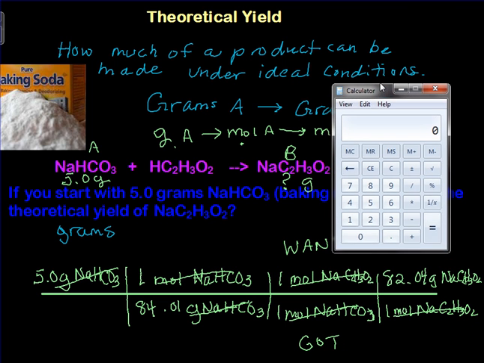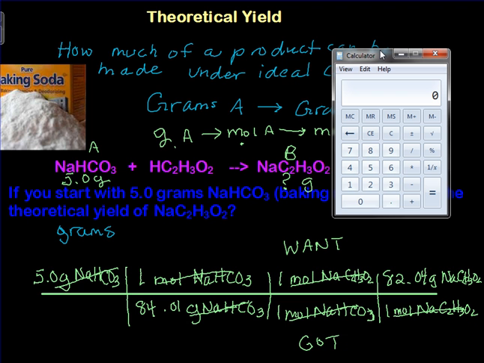So I'm just going to take my calculator here, I'm going to put it in. So I'm going to start with my 5 from the first block here, 5.0. I'm going to times that by 1, because I'm multiplying across, divided by 84.01, times 1, divided by 1, again, and then times my 82.04, and then divided by 1.